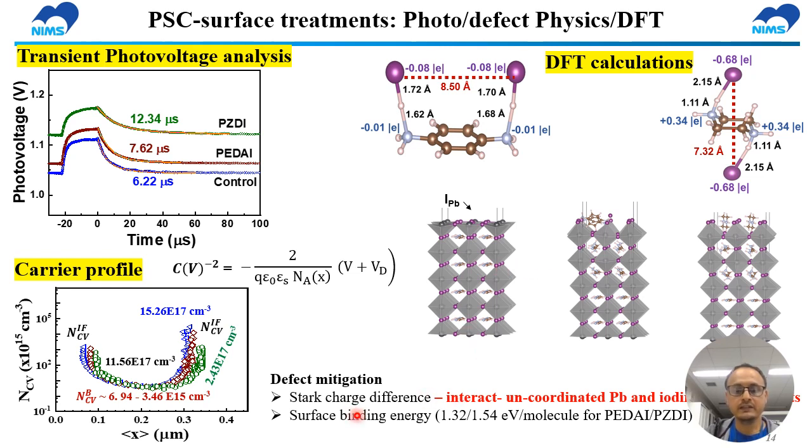We found that the charge difference has a significant effect on the interaction with uncoordinated lead, iodine, or other halide kinds of defects, and PZDI also has stronger binding energy compared to PADI molecules, so that could be the reason for the effective defect quenching.